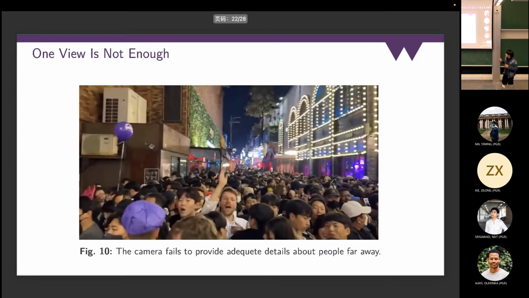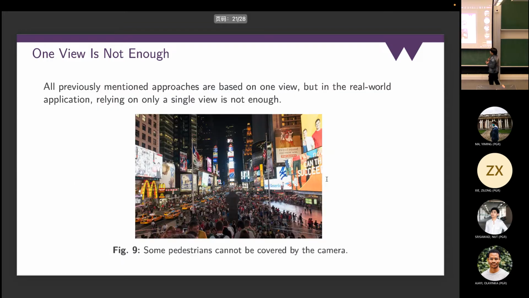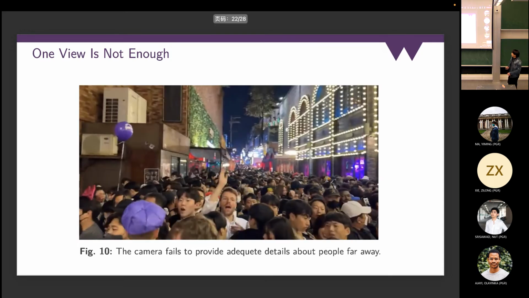But if you have multiple cameras deployed from different angles, then you can capture the scene from a larger view. Also, with one camera, you don't know what's going on for those in the background or really far away from the camera. If we can deploy the camera from here or here, then we can capture the crowd behavior better.